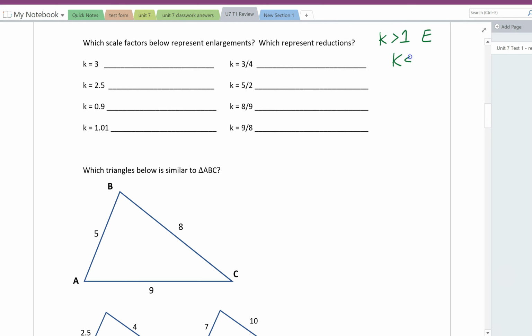If k is less than 1, you're going to have a reduction. Okay, so is 3 greater than 1? Yes. So I would have an enlargement. Is 2.5 greater than 1? Yes. So again, I'm going to have an enlargement. Is 0.9 greater than 1? No, it's less than 1, so I would have a reduction.